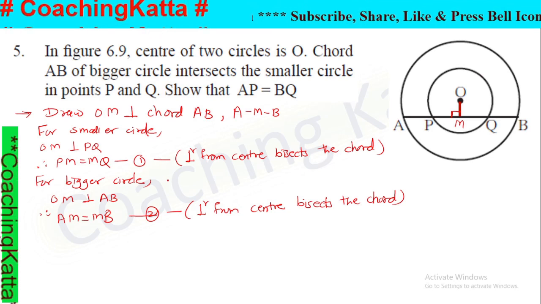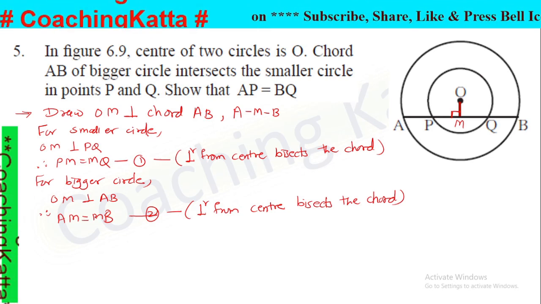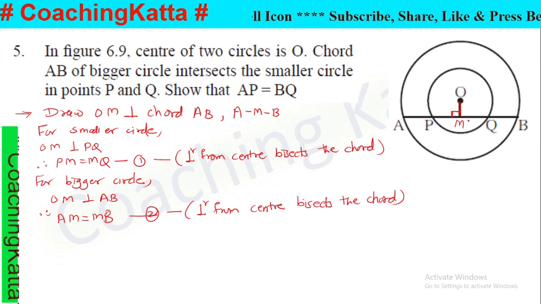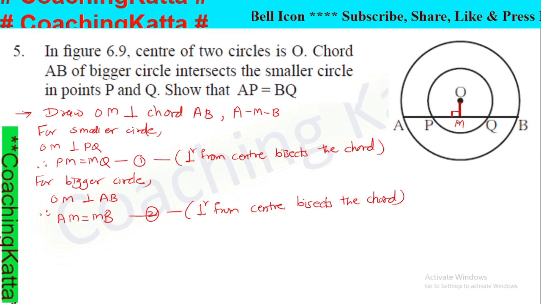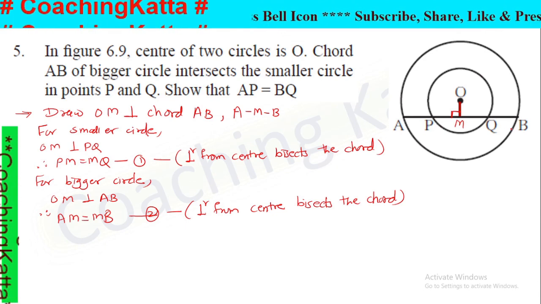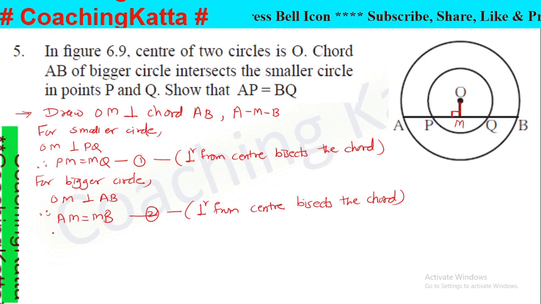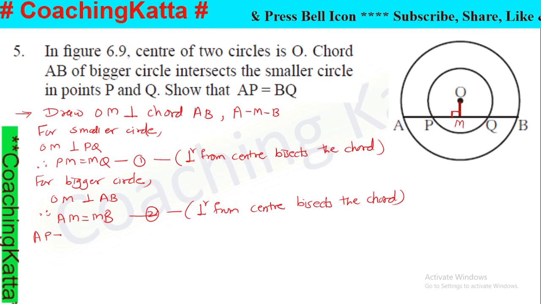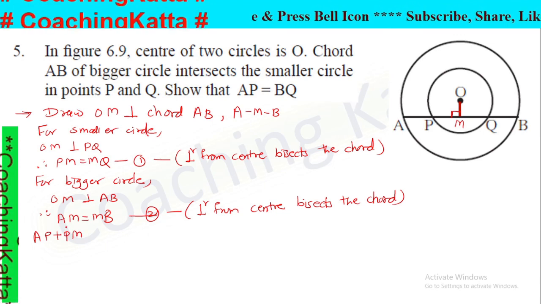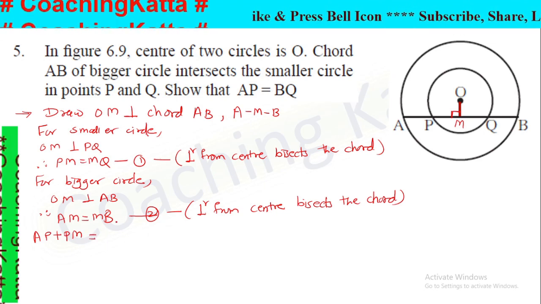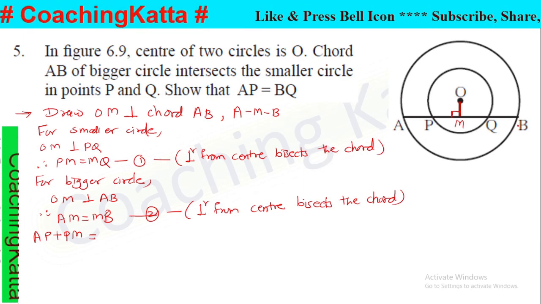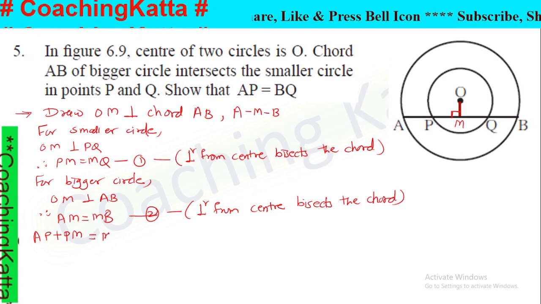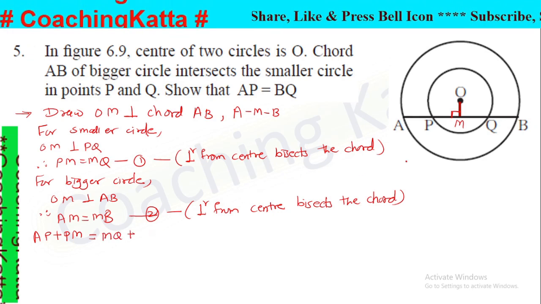Now from 1 and 2, what do we get? See in the diagram, AM equals AP plus PM and MB equals MQ plus QB. So AP plus PM, the value of AM, equals MQ plus QB.